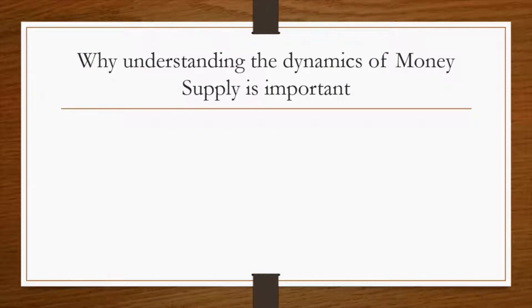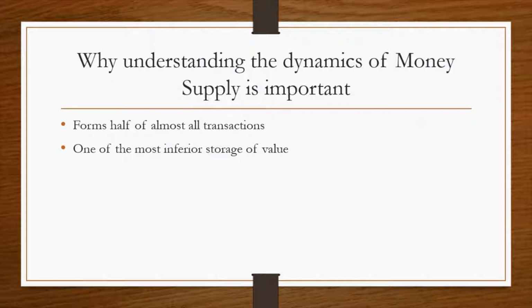Now, why is the understanding of the dynamics of money supply so important? As we discussed before, money supply forms half of almost all global transactions. No doubt the money supply forms one half of all global transactions, but it's one of the most inferior storage of value. Now, you can understand money is like a scale.